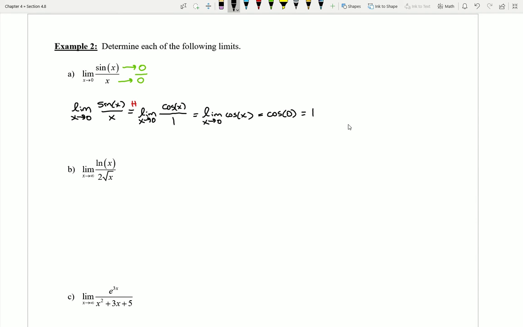Now, I don't know how many of you may have noticed this, but actually back in section 3.5, when we talked about trig derivatives, we already established that this limit was going to be equal to 1. But one important thing to note here, the reason I bring this up, is that in that section, you can go back and take a look at it, but in that section it would have been very, very wrong for us to just state this limit here as the value 1.